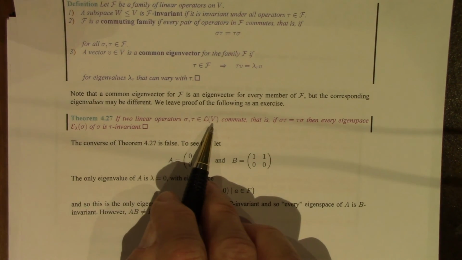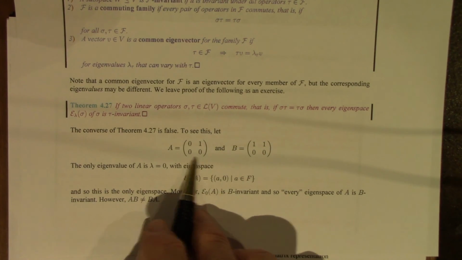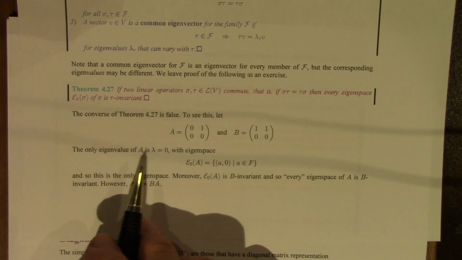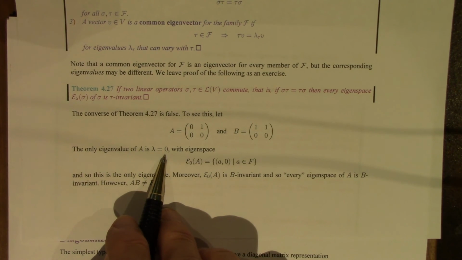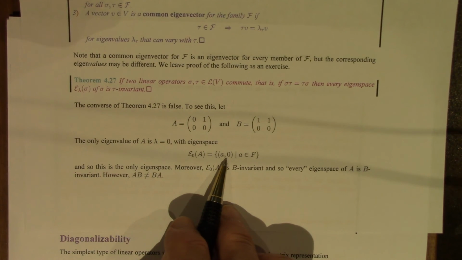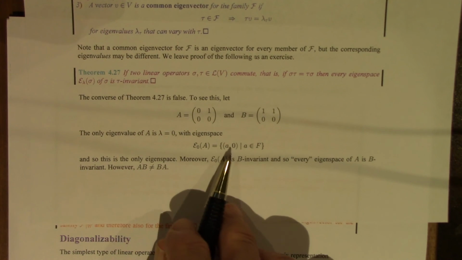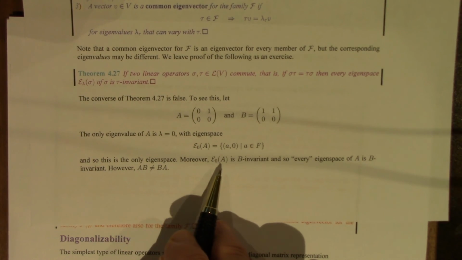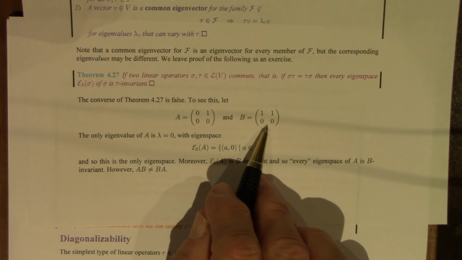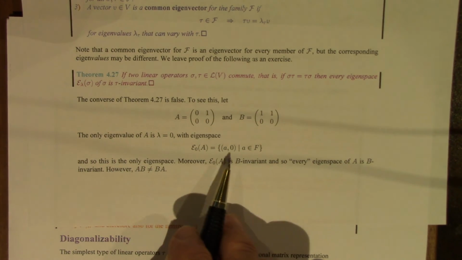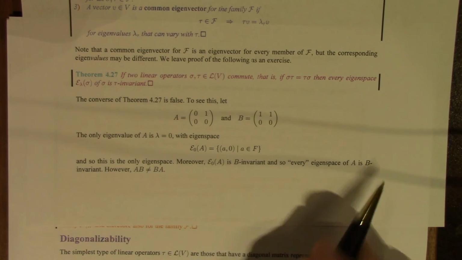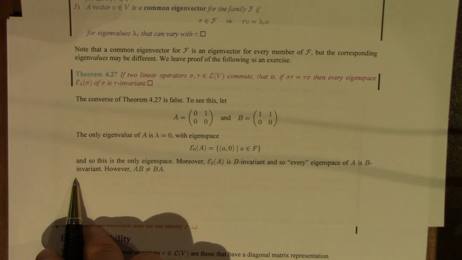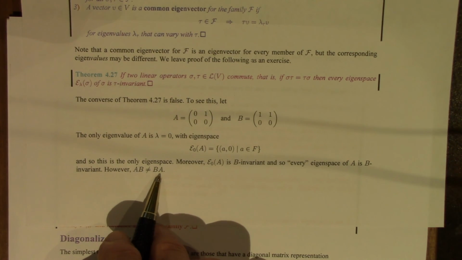The converse of this is false. If you have these two matrices, for example, the only eigenvalue for A is the 0 scalar, and this is its eigenspace. So this is its only eigenspace, and this eigenspace is invariant under the operator B, or the matrix B. So every eigenspace of A is B invariant, but the two matrices don't commute.